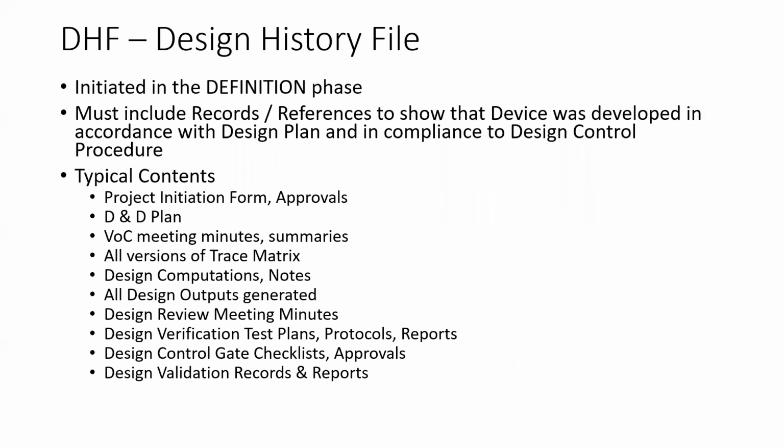Remember, version 1, version 2, if tests are repeated, if something failed, then failed reports, analysis reports. Everything that happens during the process goes into a design history file. It is not surprising sometimes to have as many as 20, 30, 40 box files which form a design history file for one project.